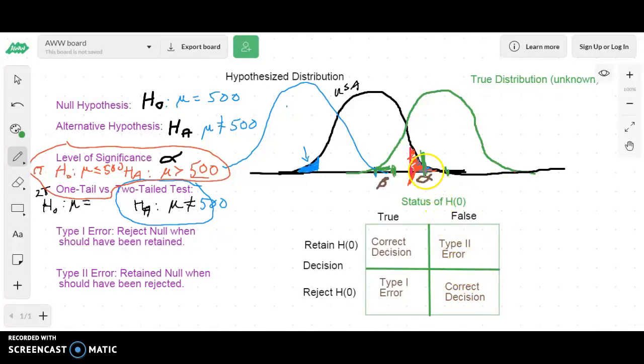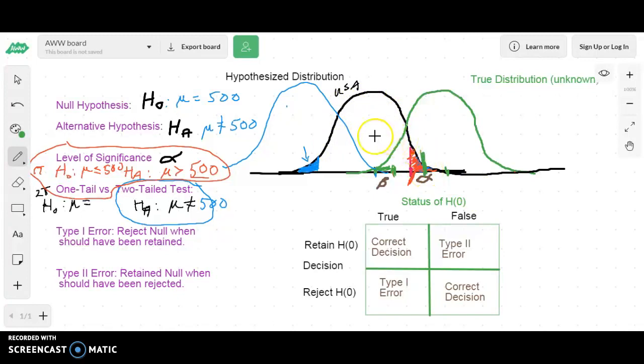However, there is the possibility that New Jersey's curve is the same as the United States. And we just happen to randomly select a group that has data up in this tail to the point where we say that we believe there's a statistically significant difference. And we then reject the null hypothesis. But it is possible that New Jersey was actually here and we just ended up with a very high sample from that population.